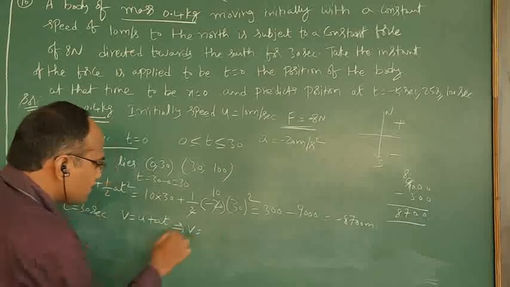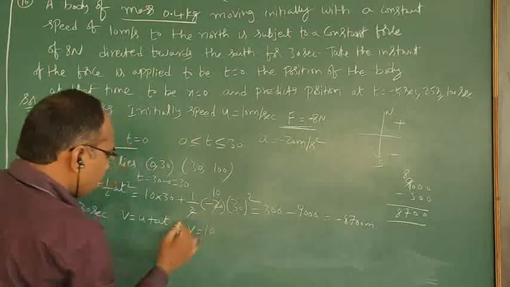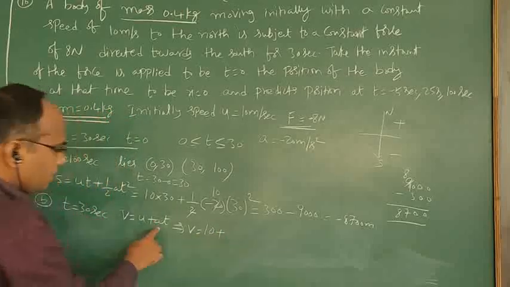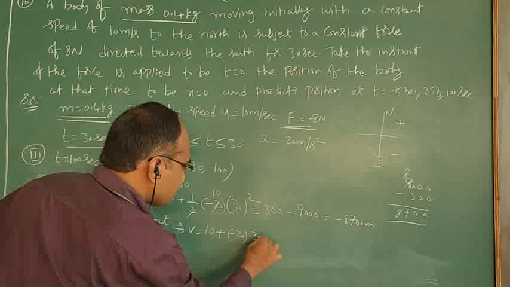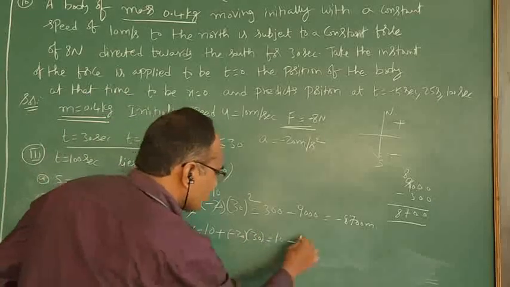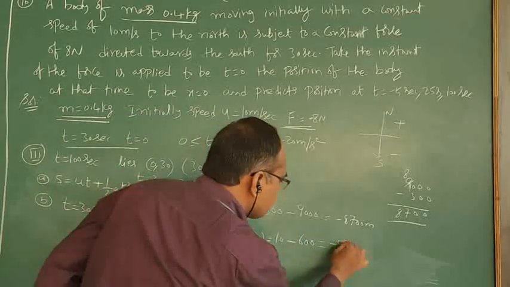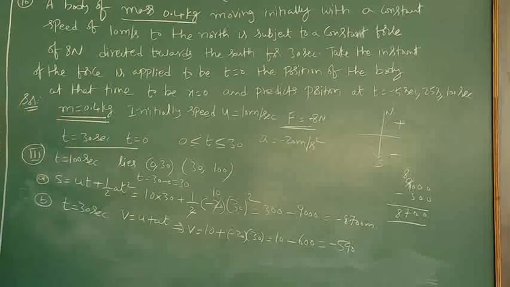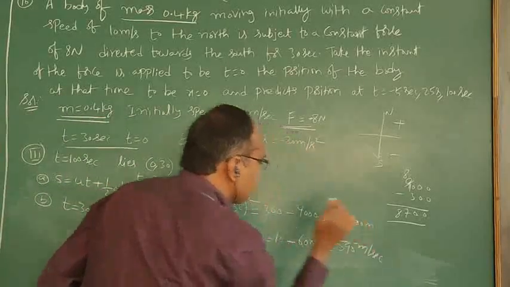V is equal to u, the initial speed 10, plus a, which is minus 20, times time 10. So 10 minus 600. What is the value we got? Minus 590 meter per second.